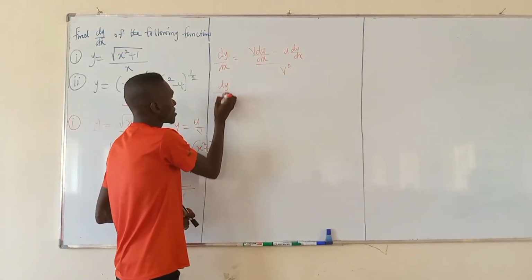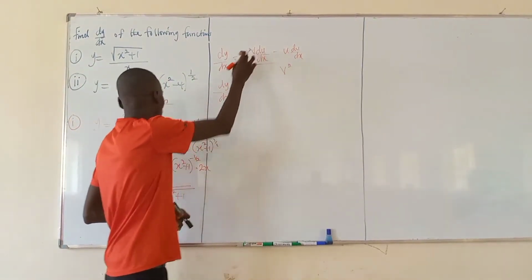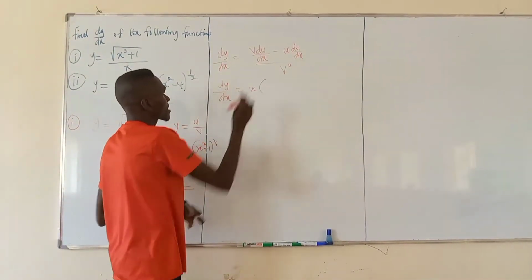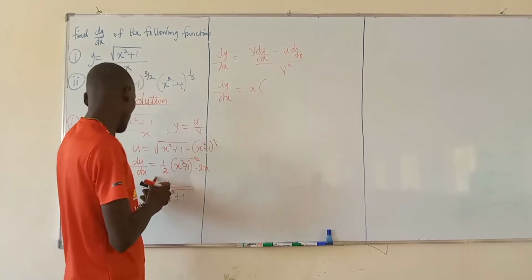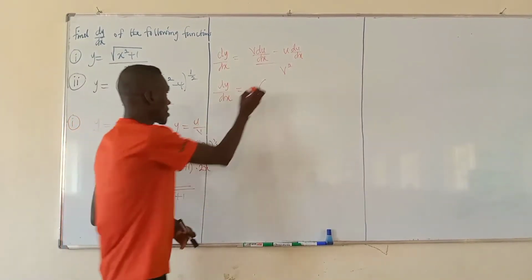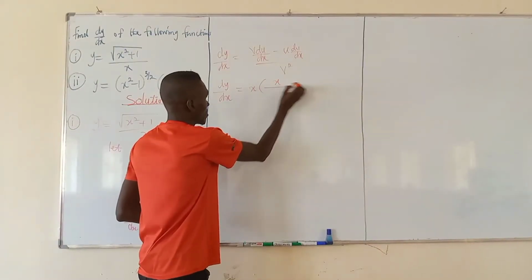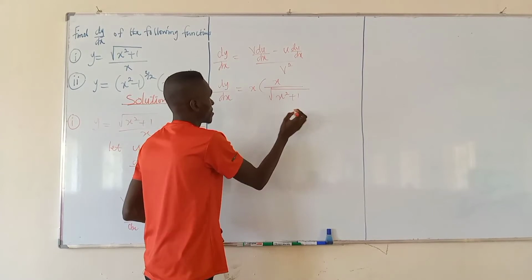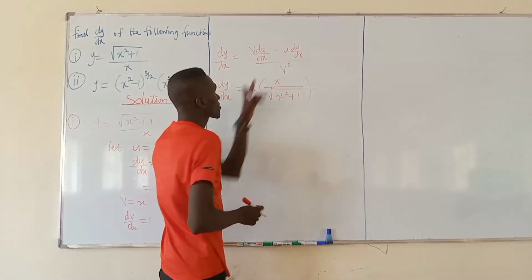So the only thing we need to do now is substitute everything we got into the formula. So our dy/dx equals, what is v? We said v is x. So we have x times, what is du/dx? We said du/dx is x over the square root of x squared plus 1. So I have x over the square root of x squared plus 1. This is minus, what is u?